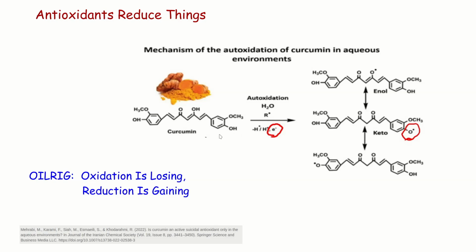They call it auto-oxidation in water, but the curcumin is going to become oxidized when it's functioning as an antioxidant. It gives this electron up, and this electron comes off, and it becomes this other version of curcumin, which has this O dot. And so it's lost the electron, and that dot means now it has an unpaired electron.